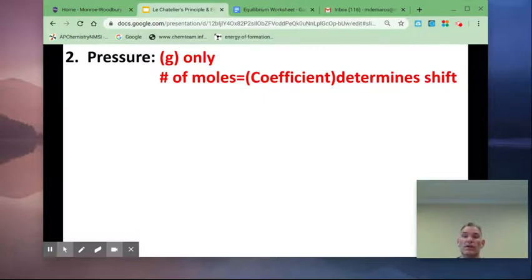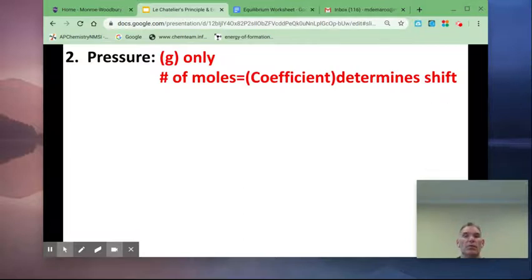If there's more than one reactant or product, I have to add them together if they're gases, and that's how I determine which way the reaction is going to shift. And this one also does make a lot of sense when we analyze it.